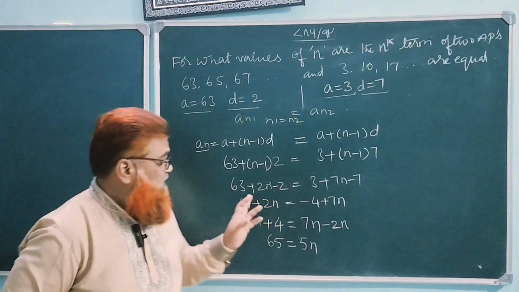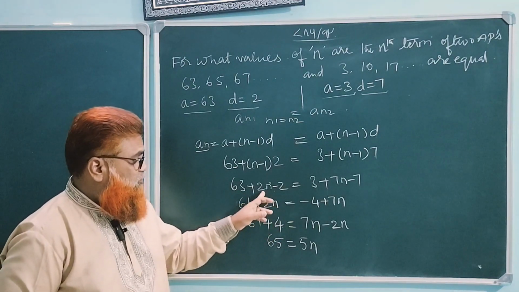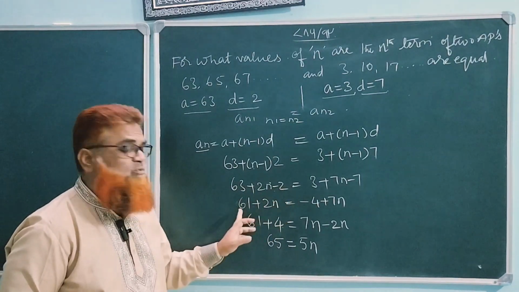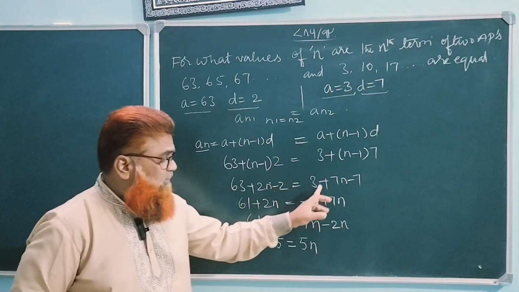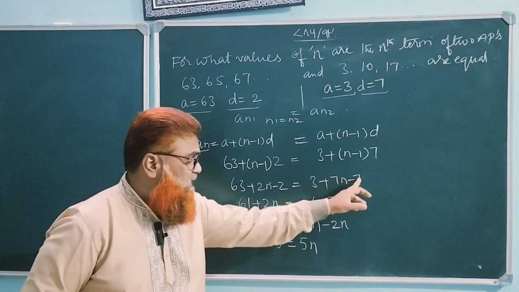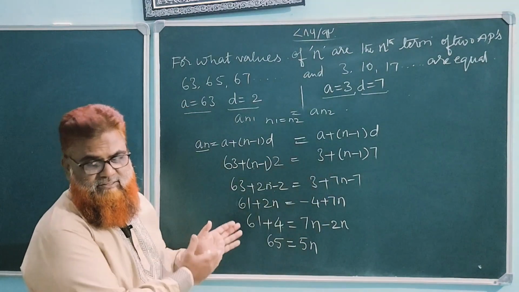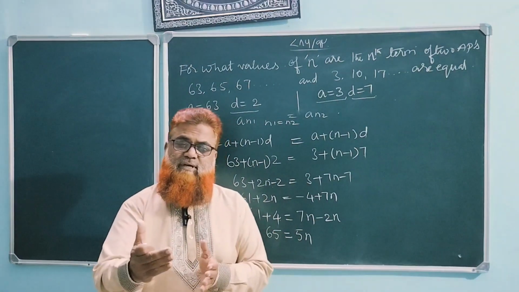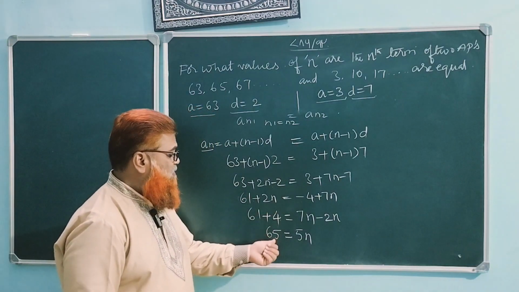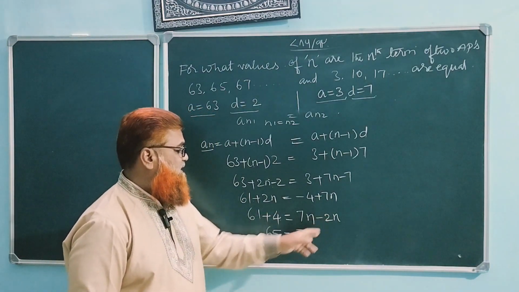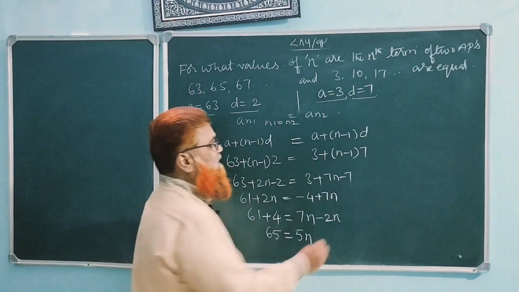So 63 plus 2n minus 2, 63 minus 2 will be 61; 3 plus 7n minus 7, 3 minus 7 is minus 4 plus 7n. I have taken the constant to one side and the variable to the other side. So 61 plus 4 is 65, 7n minus 2n is 5n.